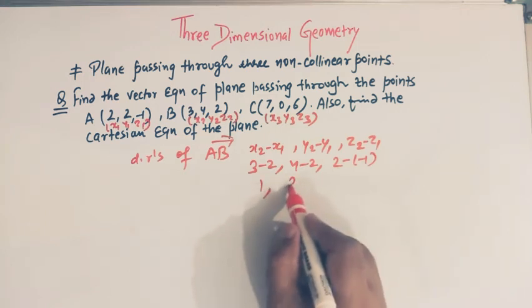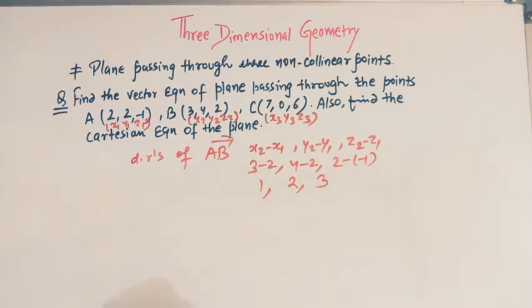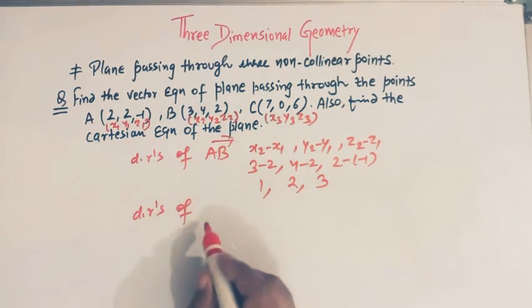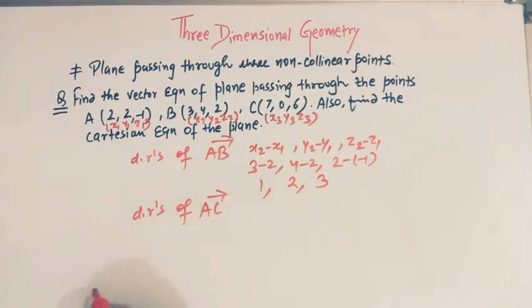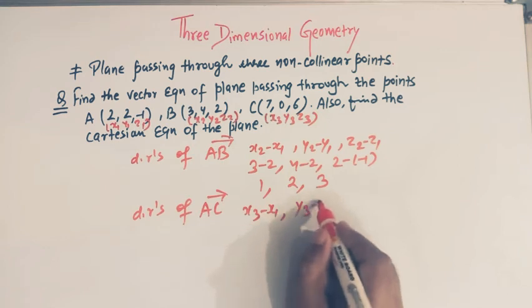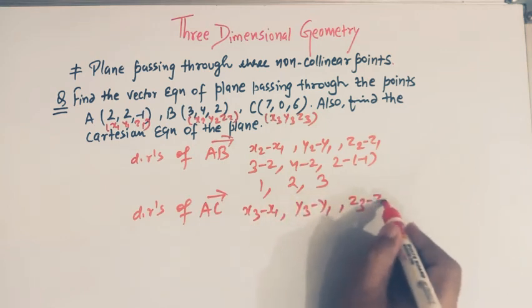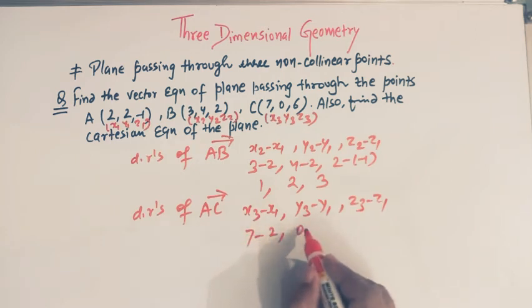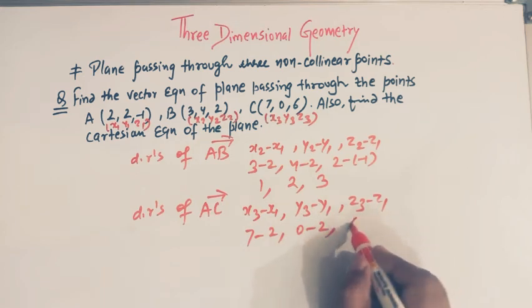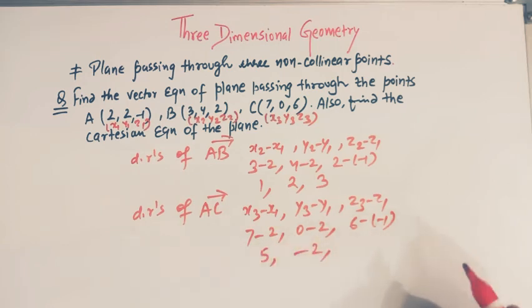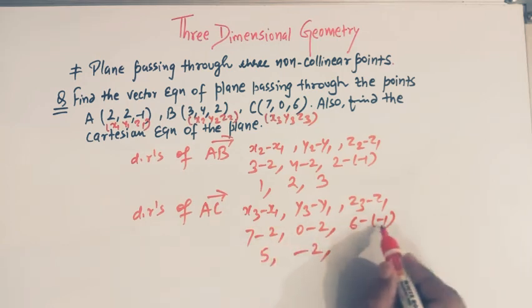So this is 1, this is 2, and this is 3, right? Okay, now find the direction ratios of the vector say AC. So the direction ratios of the vector AC will be x3 minus x1, y3 minus y1, and z3 minus z1. So x3 is 7, so we have 7 minus 2, then 0 minus 2, and then we have 6 minus minus 1. So this is 5, this is minus 2, and this is 7.